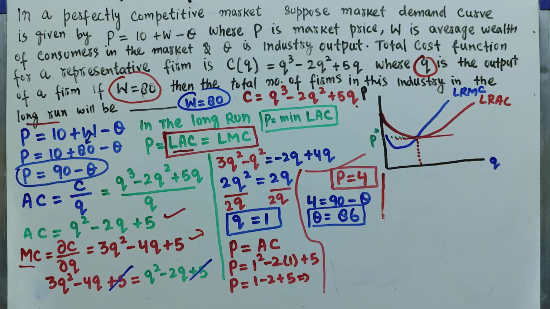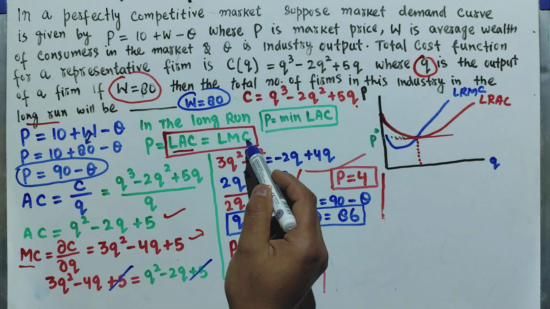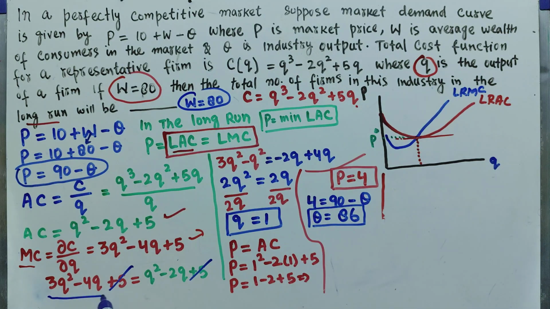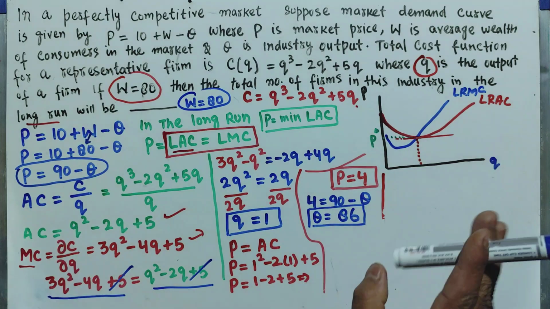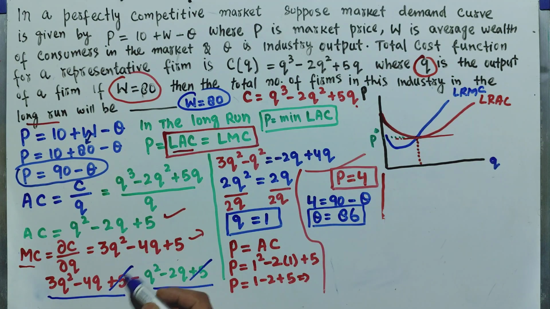Now the condition to be satisfied is that we equate the average cost with marginal cost. This is our average cost function, q square minus 2q plus 5, and we equate it with the marginal cost, which is 3q square minus 4q plus 5. Okay. Now we do some cancellation. 5 and 5 get cancelled. Transposing this q square to the LHS, it gets subtracted.